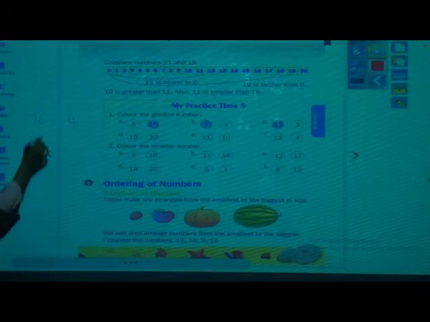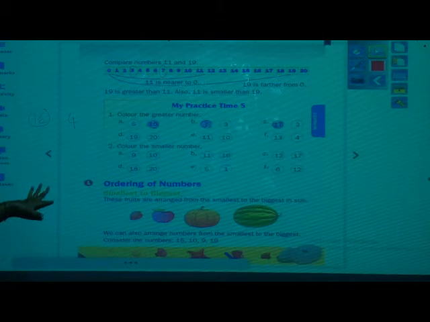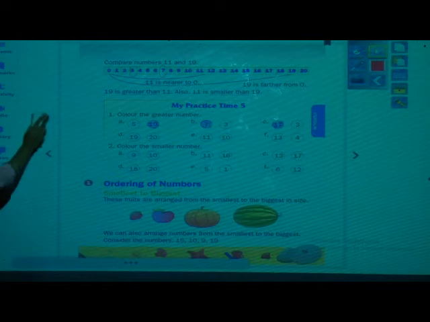So every time the 2-digit number is greater, and the 1-digit number is smaller. Understood? Color that 17. Done?